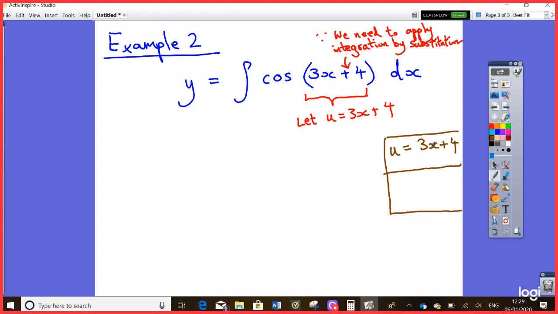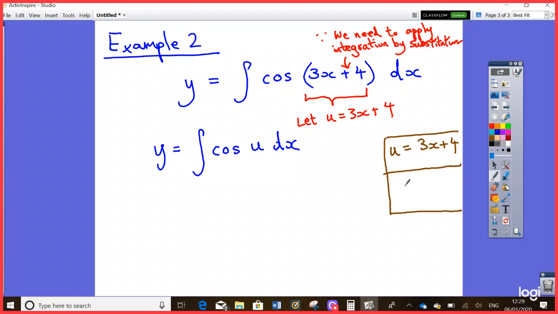Okay, so I'm going to rewrite this now. So y is equal to the integral of cos u dx. That's the second barrier, because it's a letter u, but I'm integrating in respect of x. We can't let that happen.